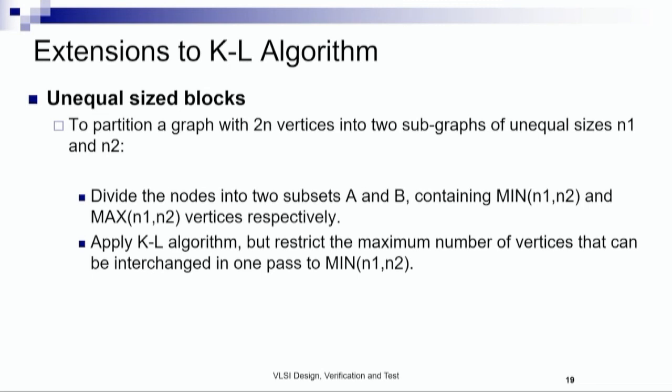So now we need vertex pairs in n1 and n2. Because the number of nodes in these two partitions are not the same, we can only exchange a minimum of n1 and n2. So what will happen to the other nodes? They will not be considered in this pass, and they remain only because they formed pairs with other vertices which produce very little gain.